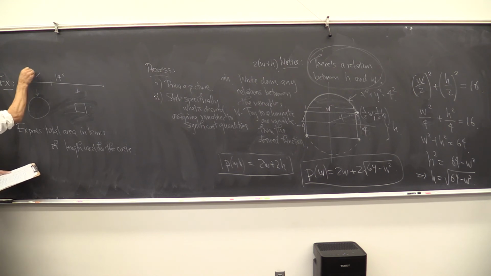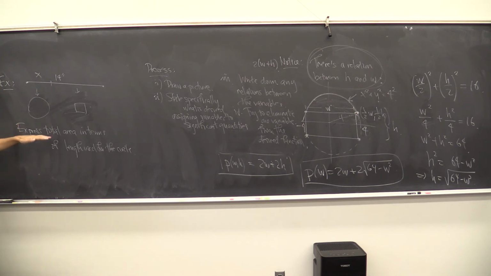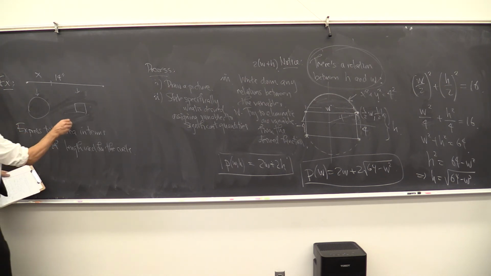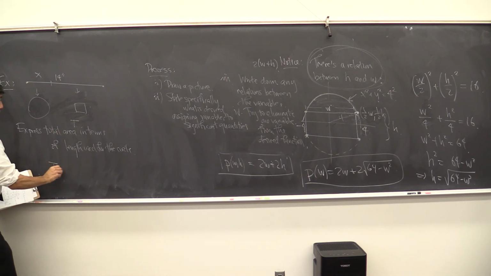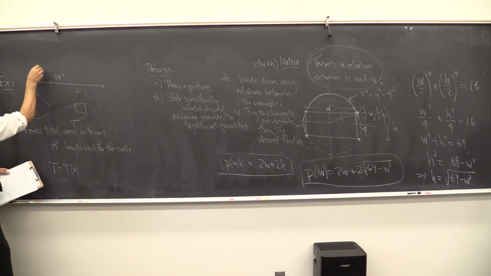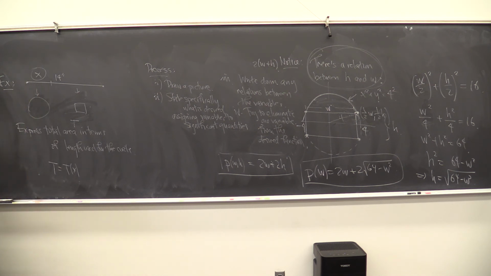Okay, so let's call that guy x. Then you want to express the total area in terms of x. So let's say total area is we're going to call T. We want T as a function of that length x on the left.